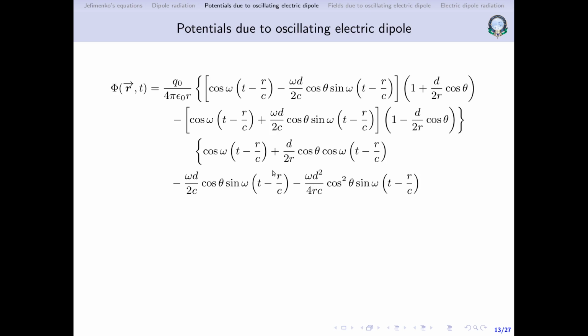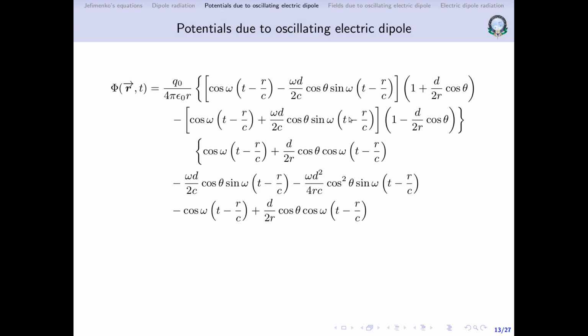We do the same thing over here also. This cos term we multiply with this and this, we'll get this, because there's a minus sign here, minus cos of this into 1, we'll get the same thing. Then again we have minus and minus, we'll get a plus sign, d by twice r cos theta into cos of this.